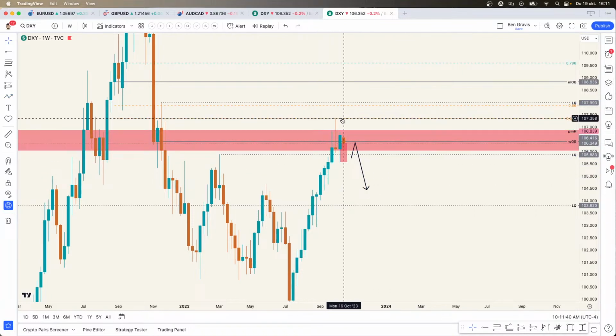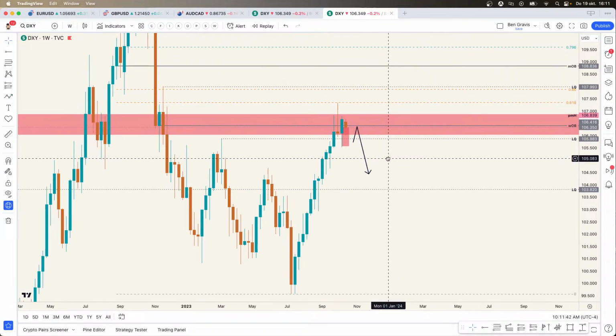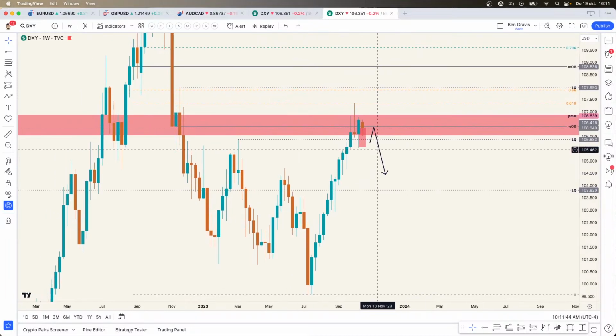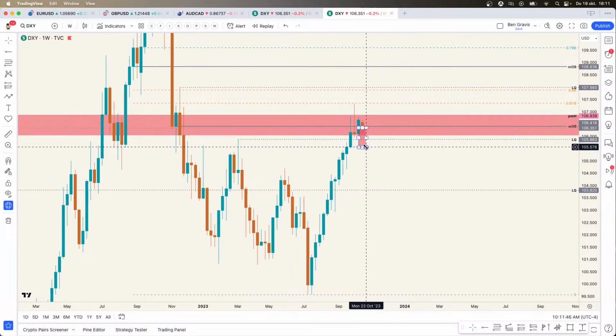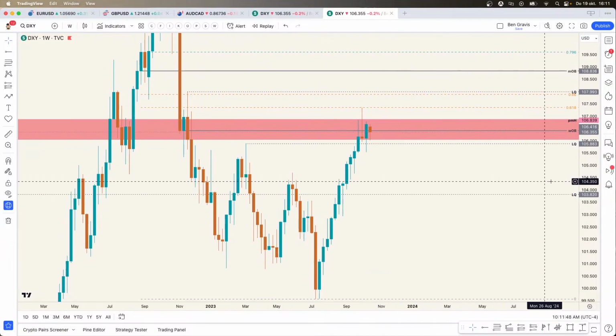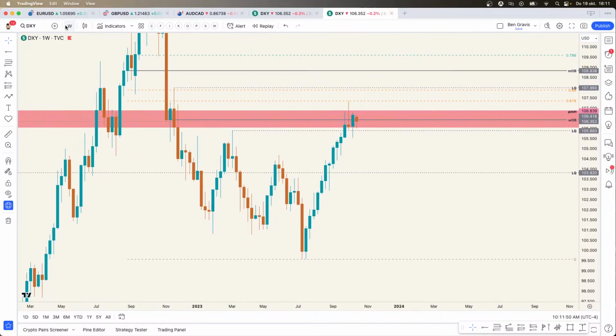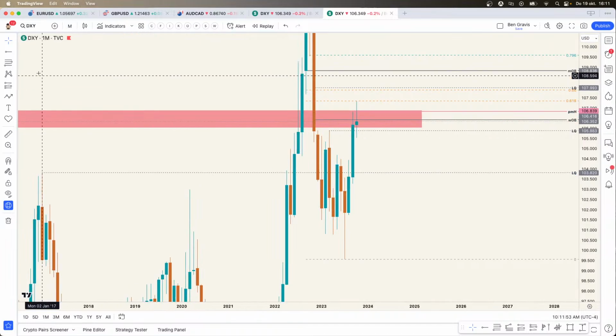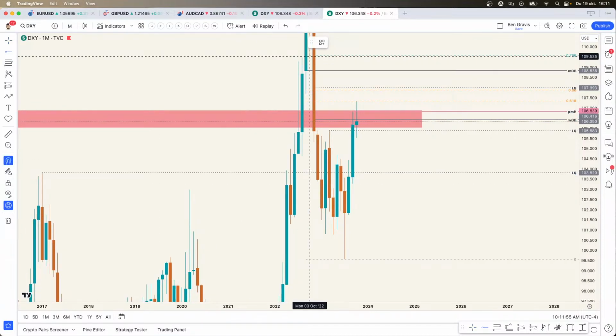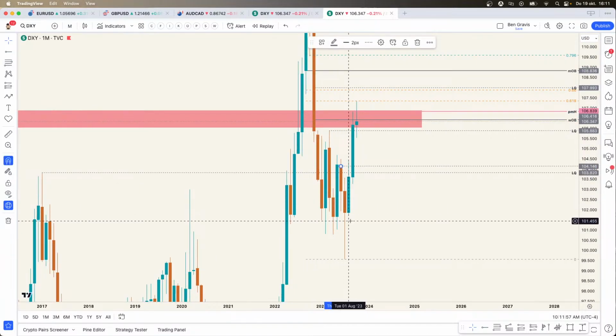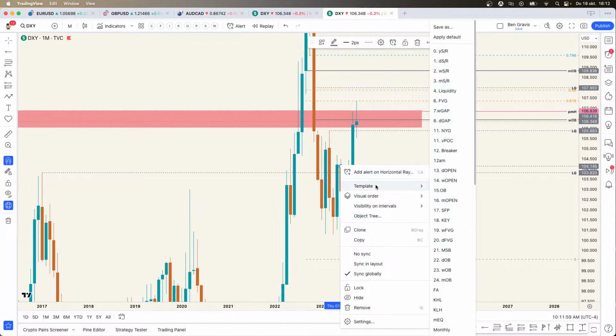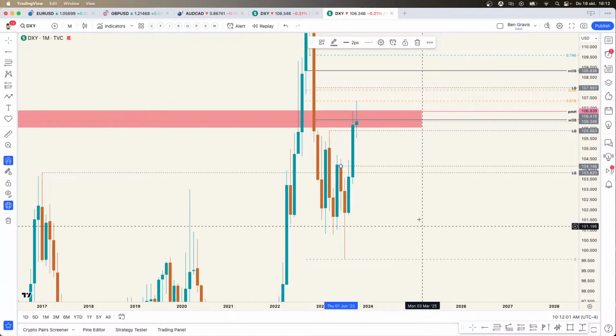So then we have the left shoulder, the head, and the right shoulder. That would be perfect for our trades. And then we target, if I go back onto the monthly, I would like to target this zone here. That was the last down move. So that would be the monthly order block.